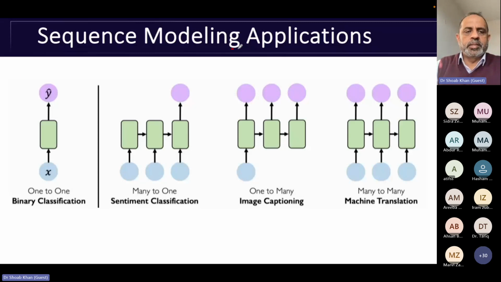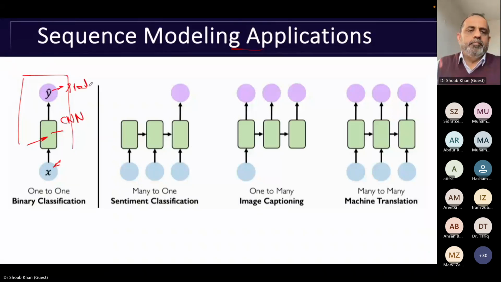What we have seen up till now is this, where you have a black box, so to say. It is colored in green, but it is a black box, which may be a CNN or any other algorithm, as a matter of fact. You input X and you get some expected or predicted output Y. But in many applications, for example sentiment classification, you write: Dunkin' Donut, I ate your donut and I am sick from last 2 days.